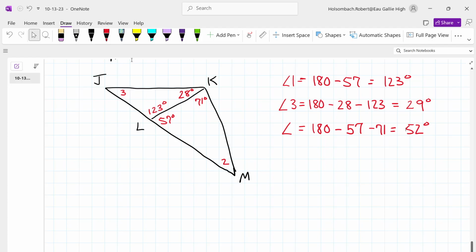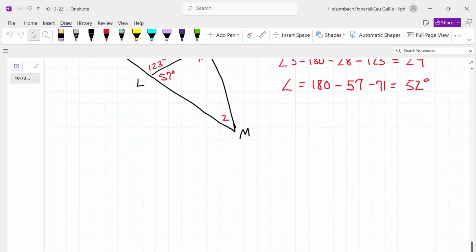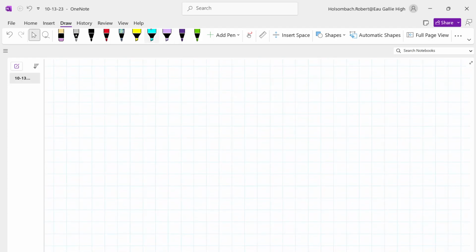Top of page 248. We're looking at the exterior angle theorem.